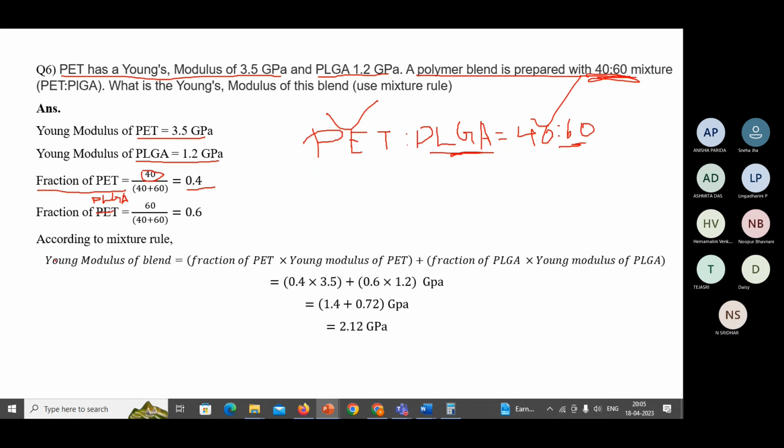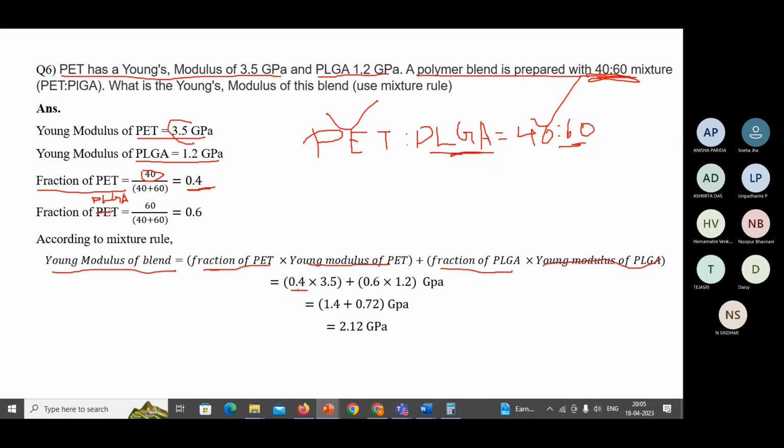So according to the mixture rule, the Young modulus of the blend equals the fraction of PET times the Young modulus of PET plus the fraction of PLGA times the Young modulus of PLGA. So the fraction of PET is 0.4, times 3.5, the Young modulus of PET.